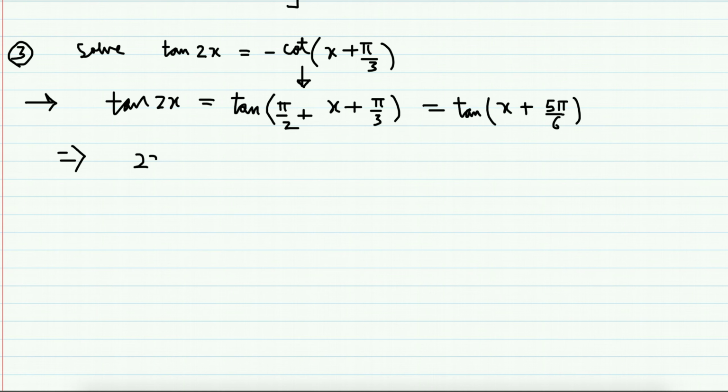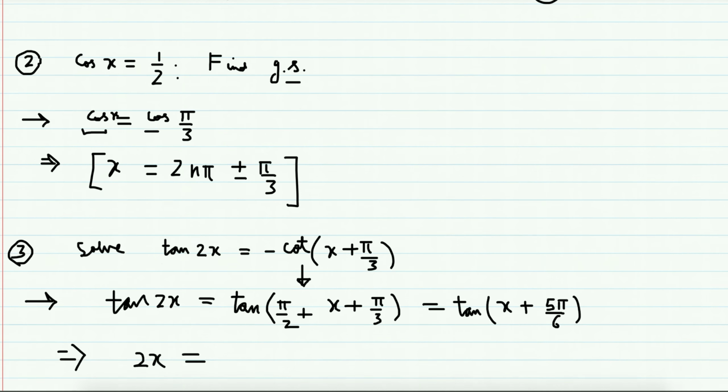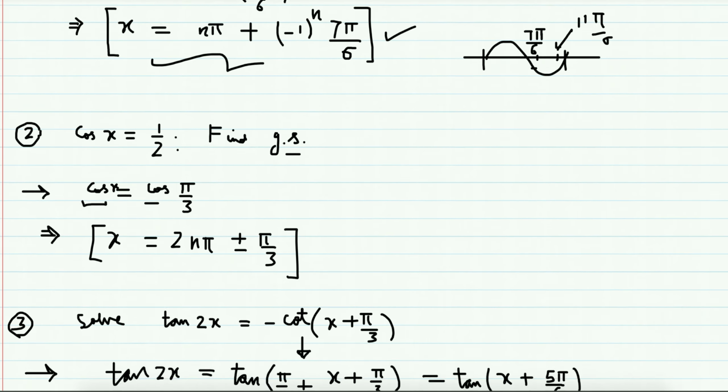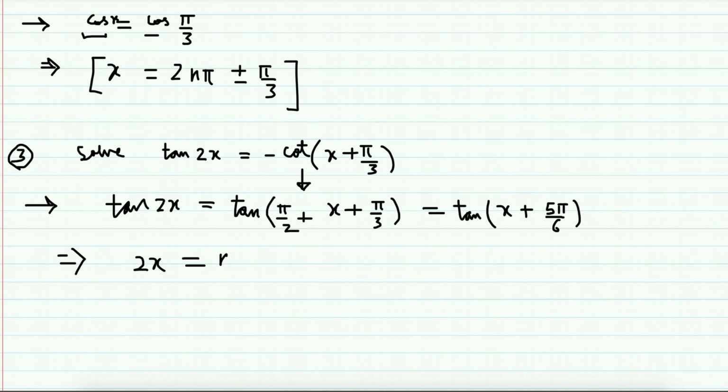So here the left hand side is 2x, so 2x is equal to n pi plus y, where y is this term x plus 5 pi by 6.